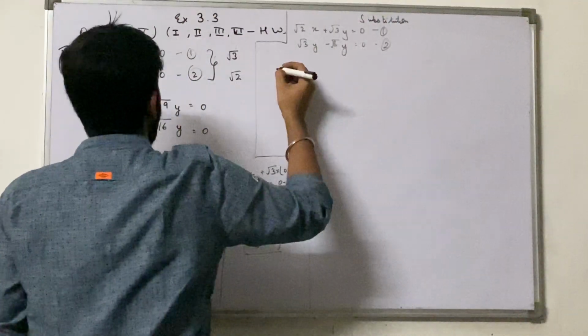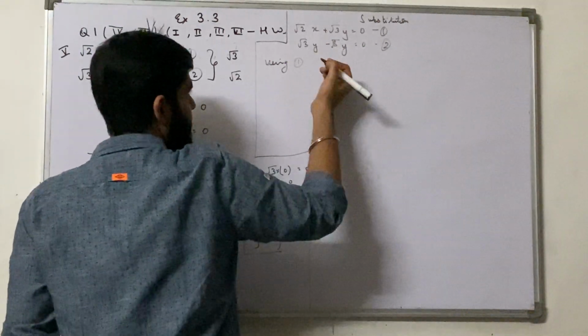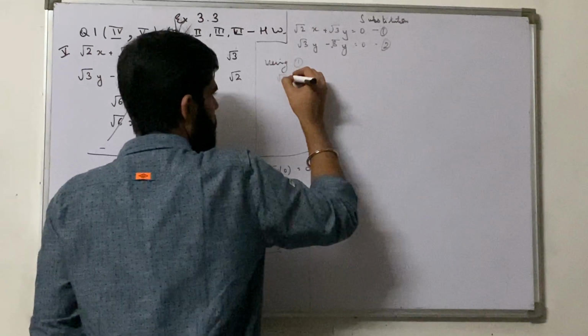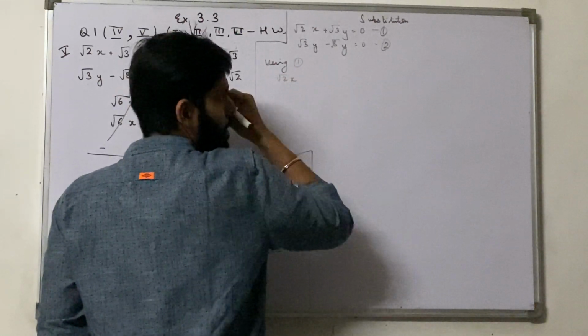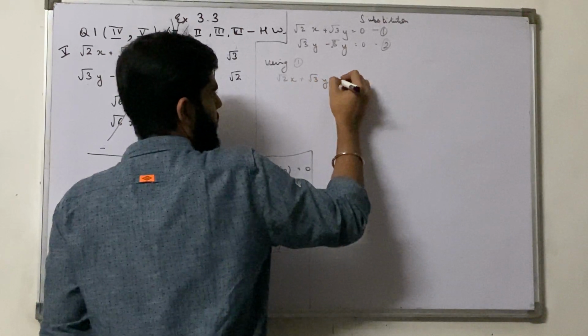So using equation 1 we can say that under root 2x plus under root 3y is equal to 0.